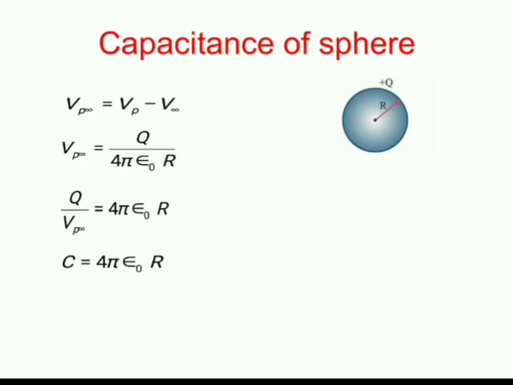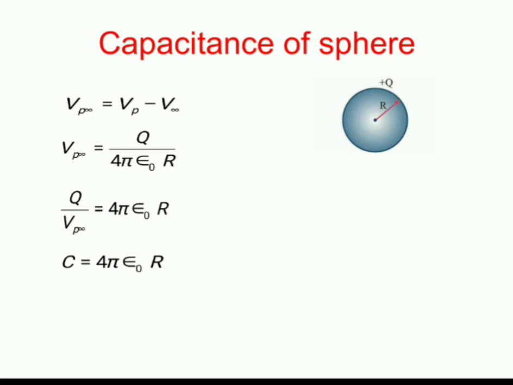Then coming to the capacitance of a sphere. We have already studied, when charging a sphere, how to calculate the potential. For a conducting sphere, the potential on the surface is Q by 4 pi epsilon naught R with respect to infinity. We take the potential at infinity as 0.